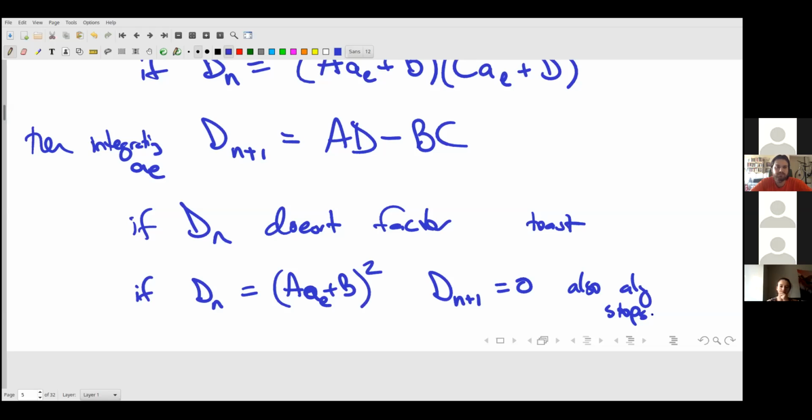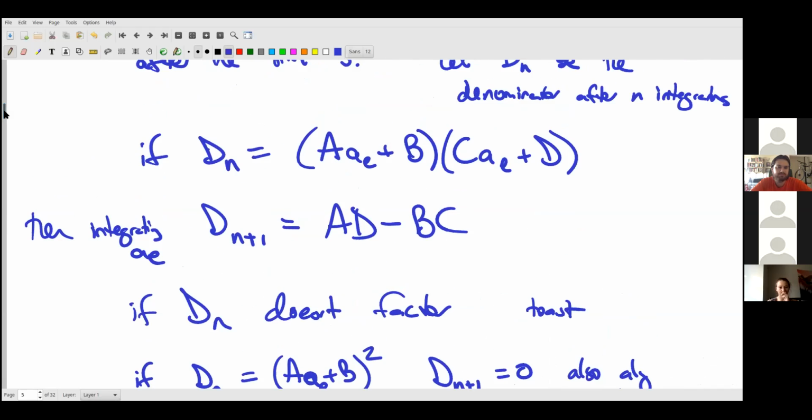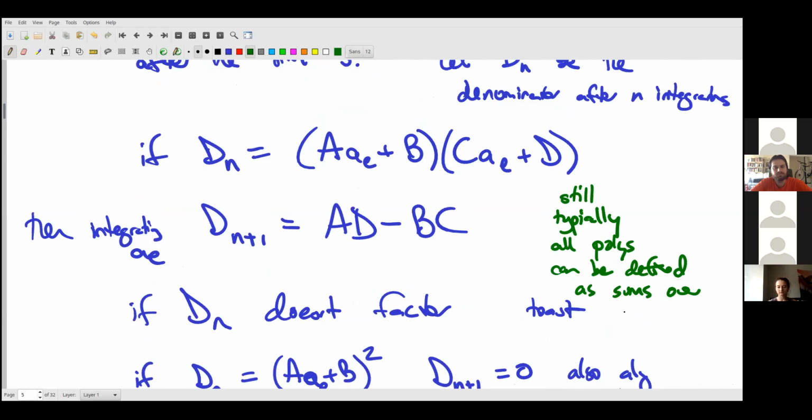And furthermore, I want to emphasize that so far it just feels like polynomial manipulations. But these polynomials will typically also be in terms of spanning forest polynomials. So still, typically, all these polynomials can be defined in terms of spanning forest polynomials. Defined as sums over spanning forests. Appropriate spanning forests.